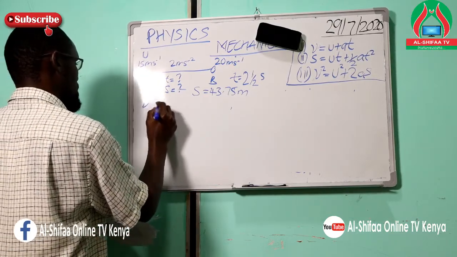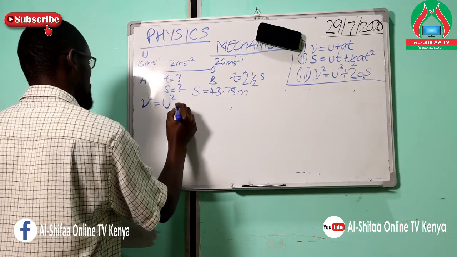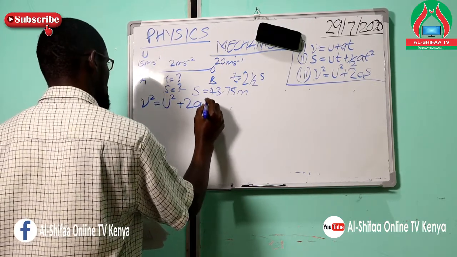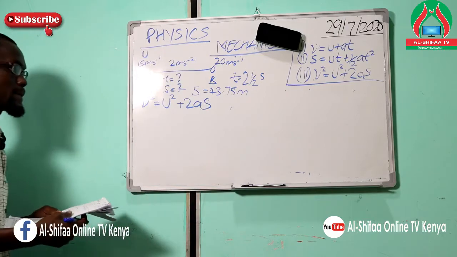Final velocity squared is equal to initial velocity squared plus 2 times acceleration times displacement.